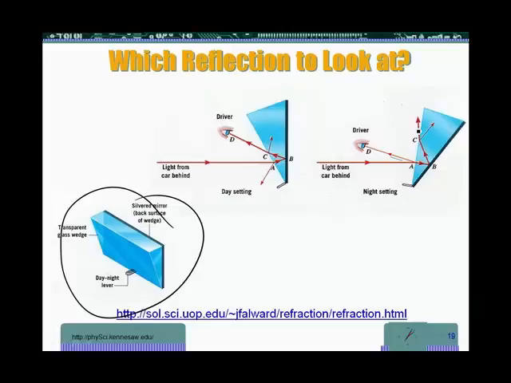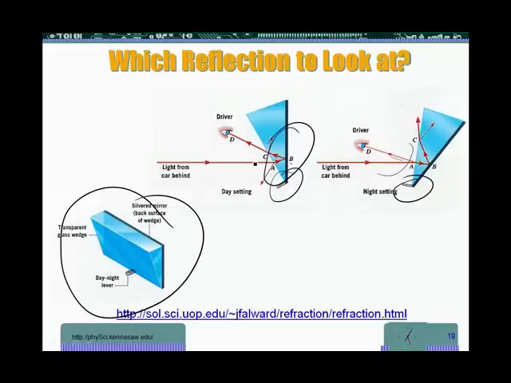And the idea of the lever is just to position the mirror such that the light reaching our eye is going to come either from the front surface of the glass here or from the back surface of the mirror here.